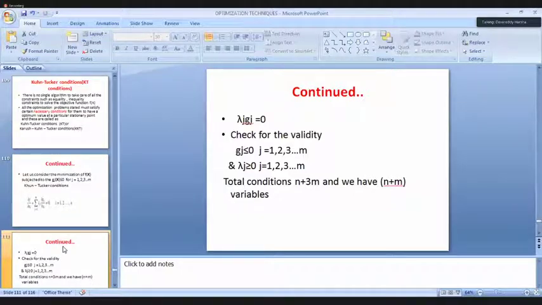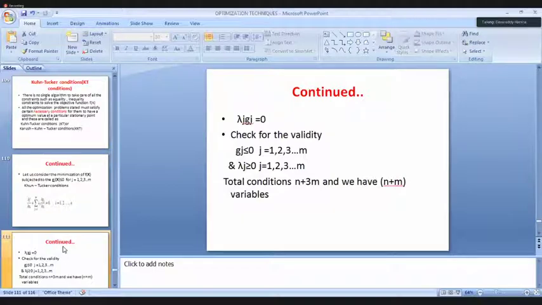From these 2, you need to solve and check the values of g suffix j and lambda suffix j. If the gj value is less than 0 and the lambda j value is greater than 0, then you say that the function is minimized.